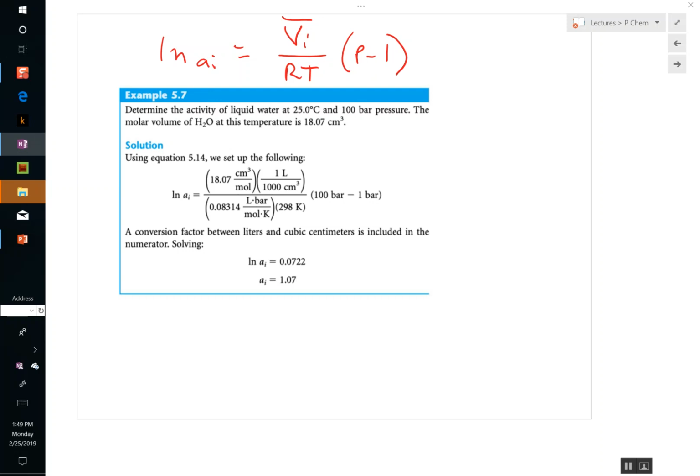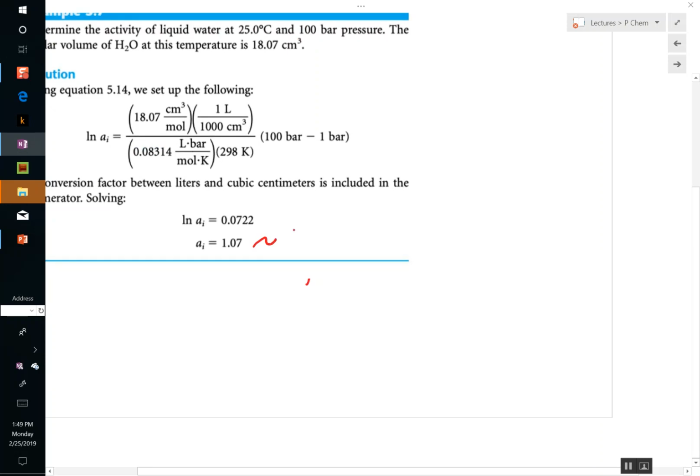We're just converting the molar volume here into liters. That's all we're doing right here. What's the pressure? 100 bars minus 1, or standard pressure. And we get the natural log of a_i equals 0.0722. So a_i equals 1.07. The point here is that is approximately 1.